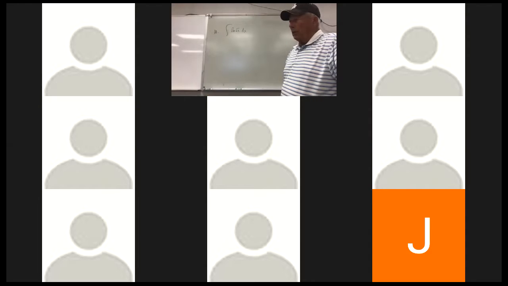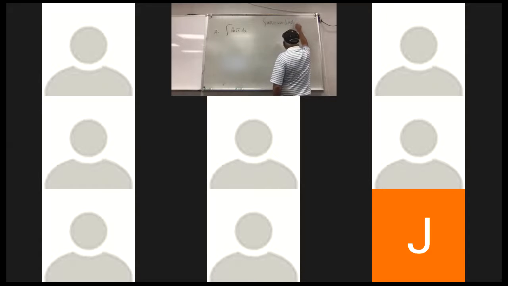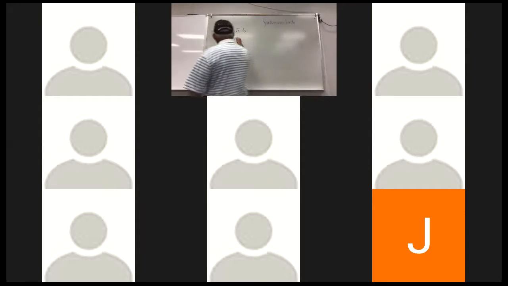So we're going to try and do this in terms of integration by parts. The integration by parts formula, I just wrote up on top of the board. We're going to break this up into two parts, this part and this part.